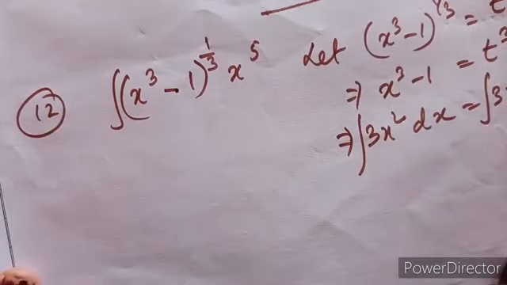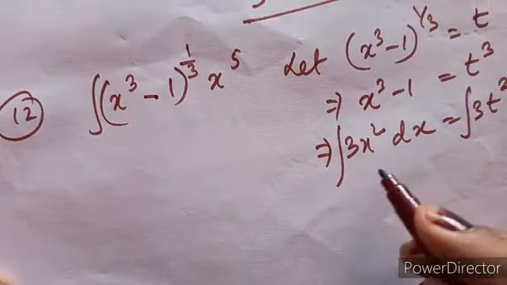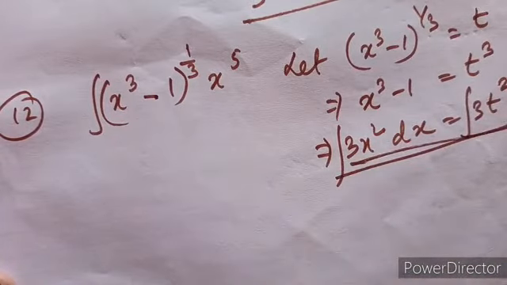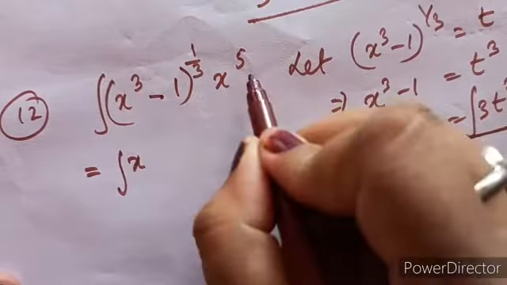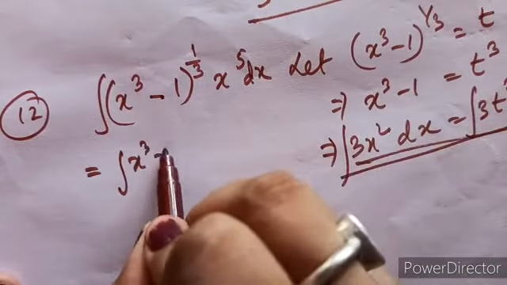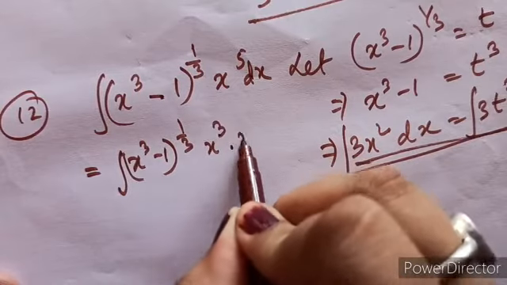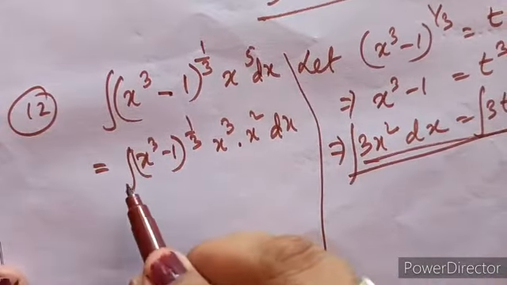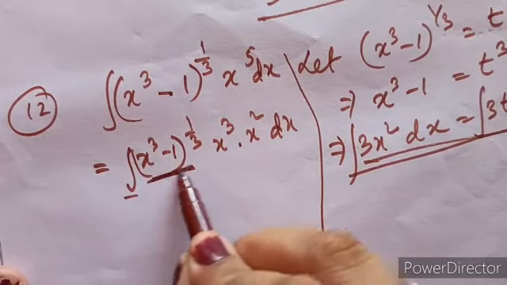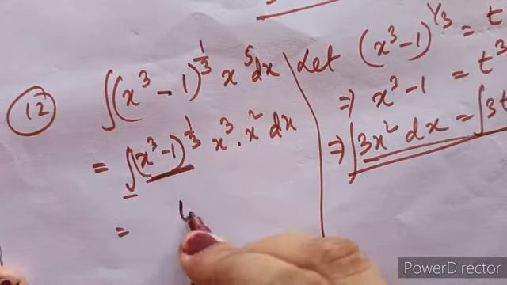Okay, simple, isn't it? Now we have to use this part in this integration. So simply this will be dx. This part, let me keep it as it is, power 5, let me break it into this and this. The meaning will be the same, isn't it? Now in place of this, I have considered t, so I will write t here.